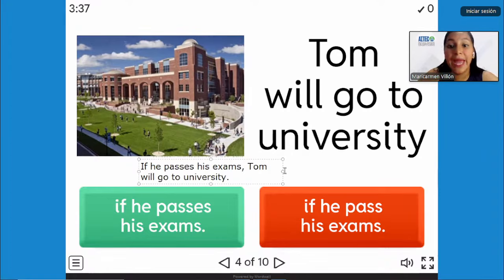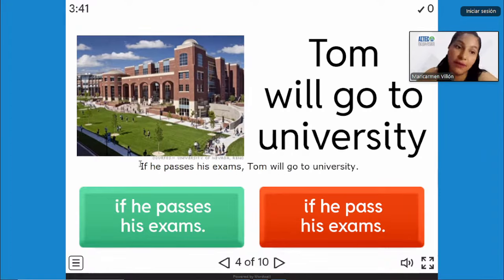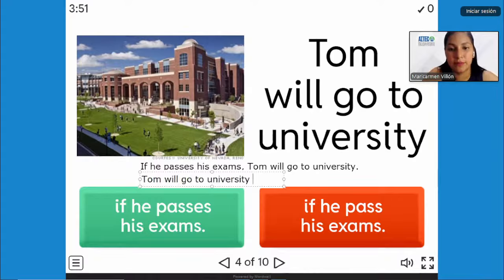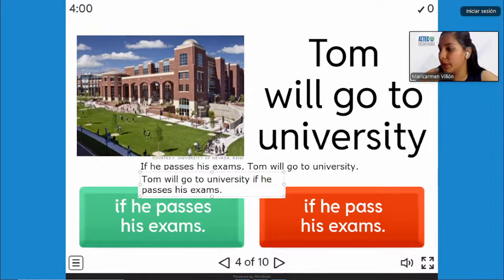¿Ya? Pero también puede ser todo lo contrario. Así como pasó aquí, solo que no va dividido con coma en este caso. Tom will go to university. Y lo mismo, if he passes his exams. Es básicamente lo mismo. Okay?